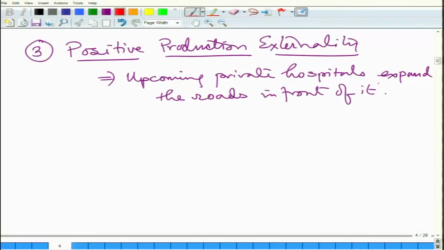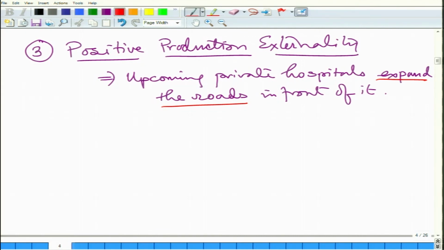So the hospital expanded the road for its own functioning, for its own production of healthcare services, and it incurred its own private cost, that is its infrastructural cost to start their business.